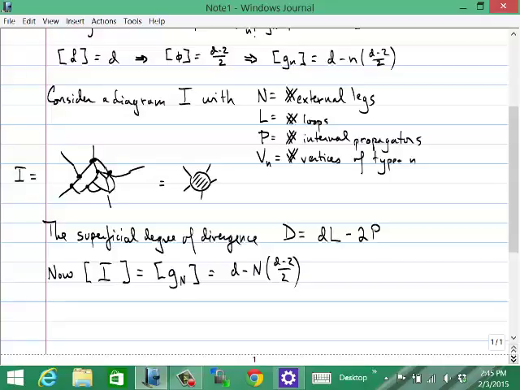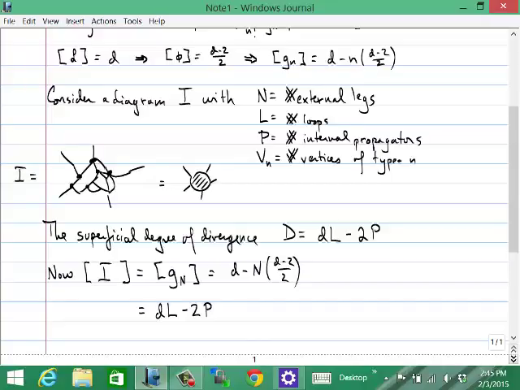However, if you think about how this Feynman diagram is defined, this Feynman diagram has L loops, so it has dimension d times L, and p propagators. You lose 2 powers of dimension for each propagator because it has dimensions of 1 over mass squared.